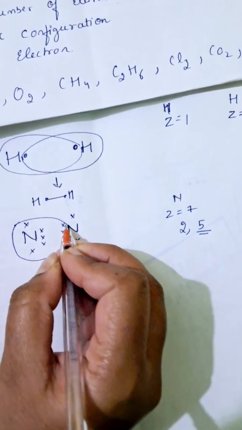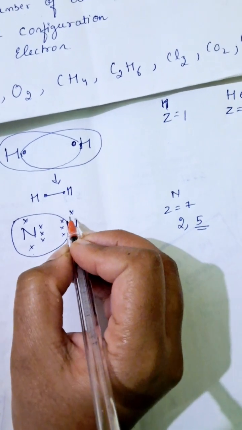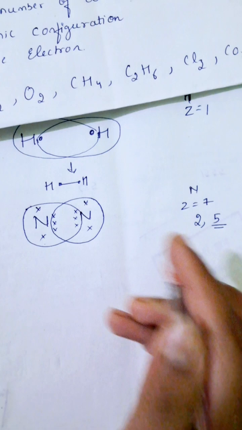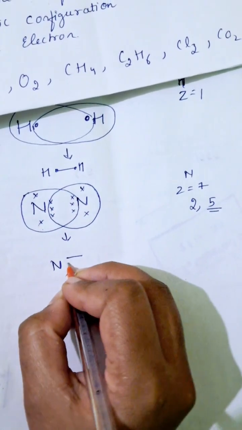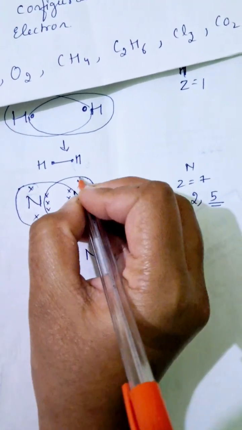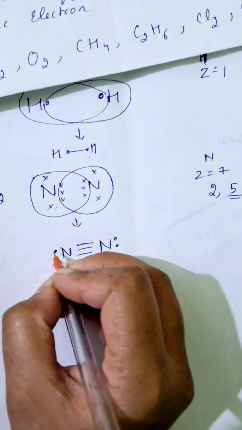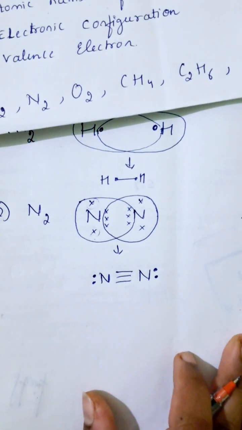Already 5 plus 3, 8 electrons, satisfying the octet rule. Here also it is 5 plus 3, satisfied. Therefore, how many bonds does nitrogen have? There is a triple bond between the two nitrogen atoms, and the remaining electrons are not involved in the bonding. They just act like a lone pair of electrons. So this is the dot structure for nitrogen.